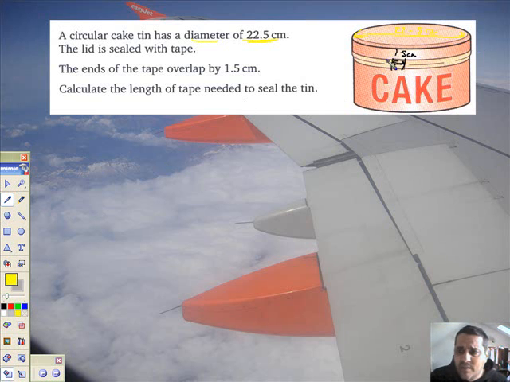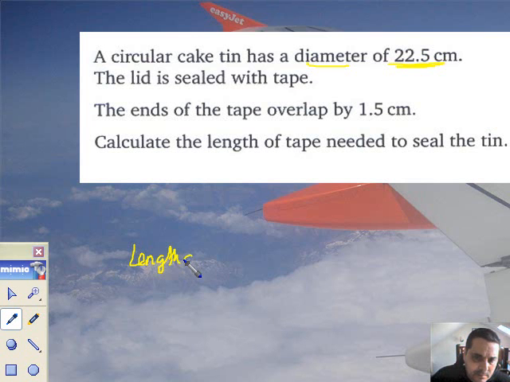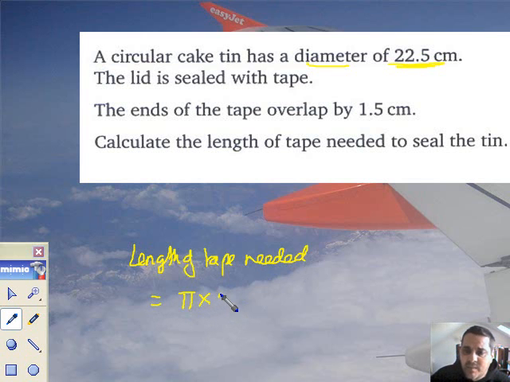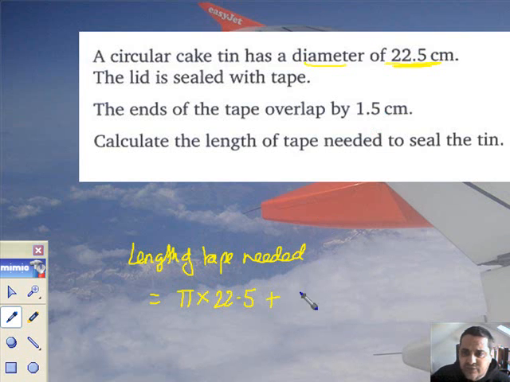Essentially I've got a whole diameter plus a 1.5. Let's do it in one step. So length of tape needed is going to be pi times the diameter, 22.5, that gives us a full circumference, plus an extra bit of 1.5 just to stick it down with whatever glue they're using.